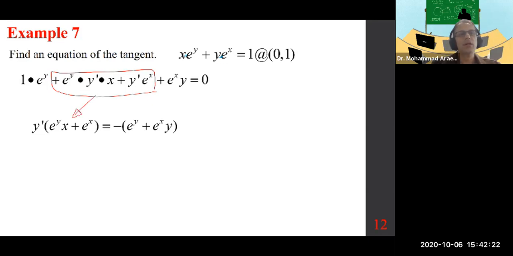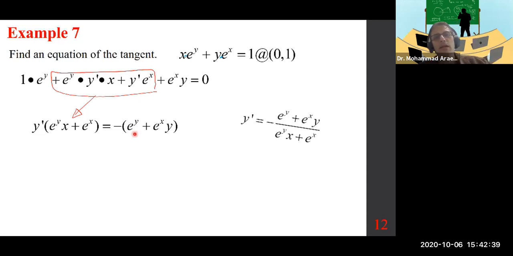When we factor out the y prime, we have this. And the other two pieces, simply put, they move to the right and both take a negative sign. They both take a negative sign. Now, divide both sides by the parentheses, and this is what you have.